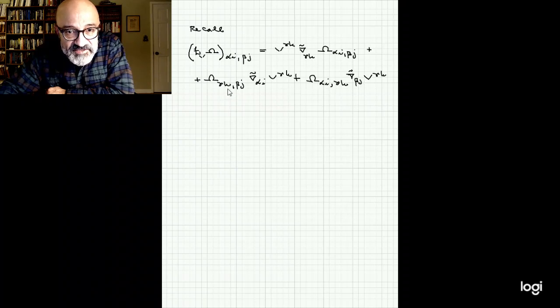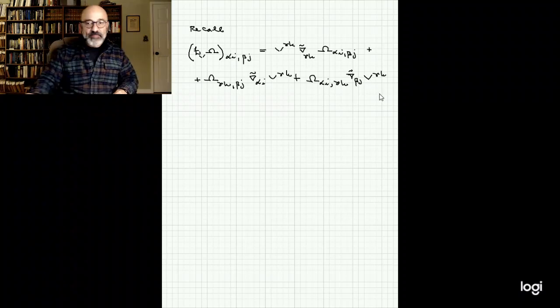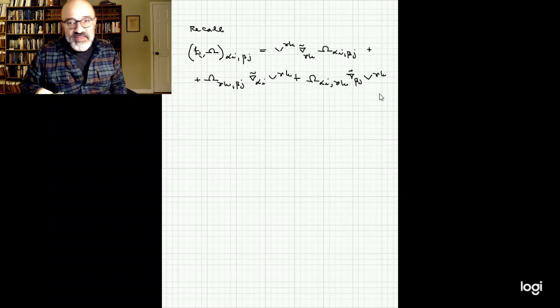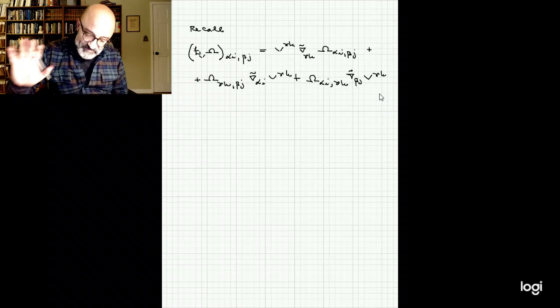Here it's the first index that acts on the derivative of v. Here it's the second index that acts on the derivative of v. Very good. This is what we have to solve. Remarkably, it's not that difficult.